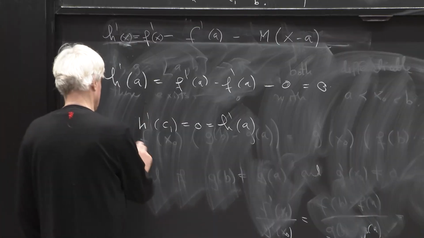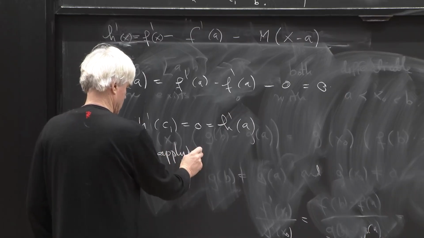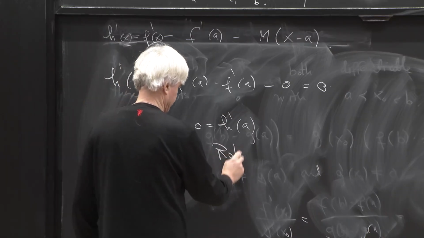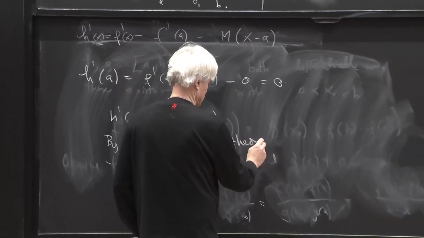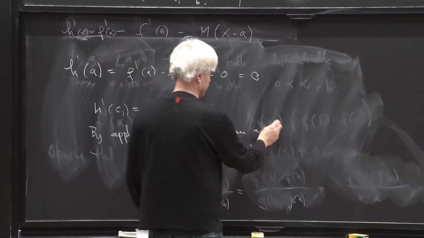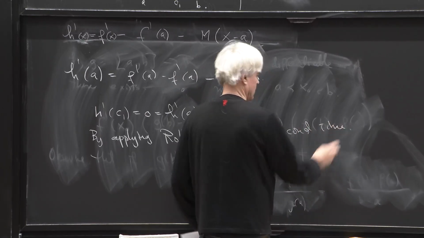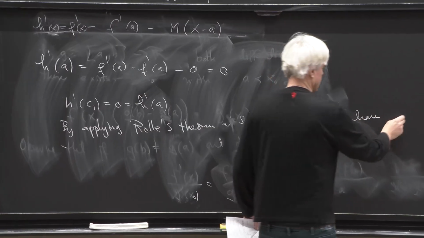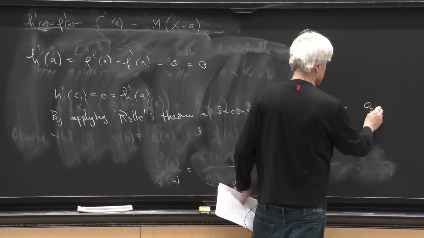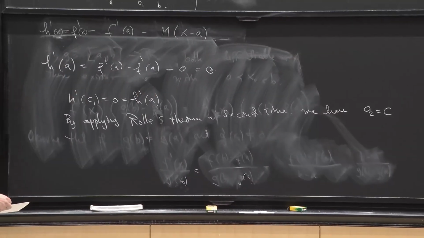So by applying Rolle's theorem a second time, we have a C2. And now this C2, that's really going to be our C in this case.